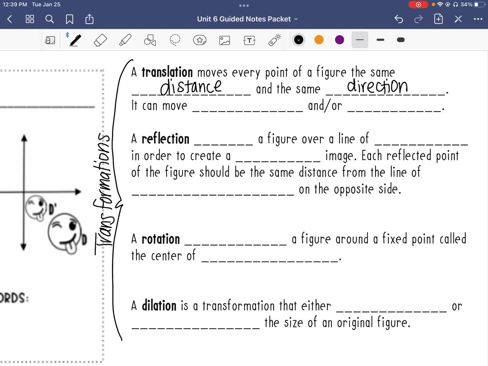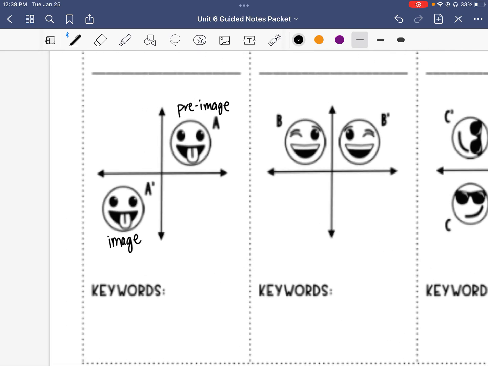He moved across the stage. Okay, so it can move left and right like Woody did, or it could move up and down, or both. It could move left and down. It could move right and up. It can move any of those combinations. That's fine. So let's look at a visual here.